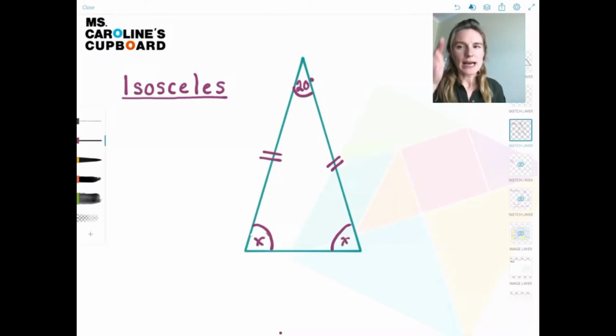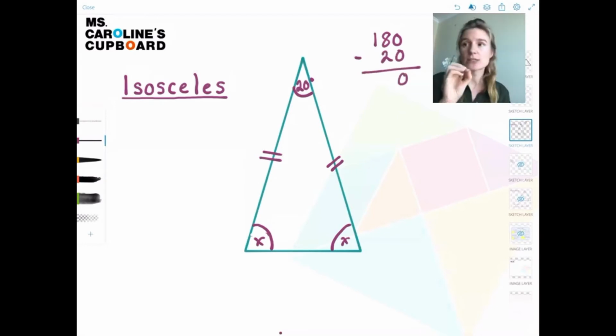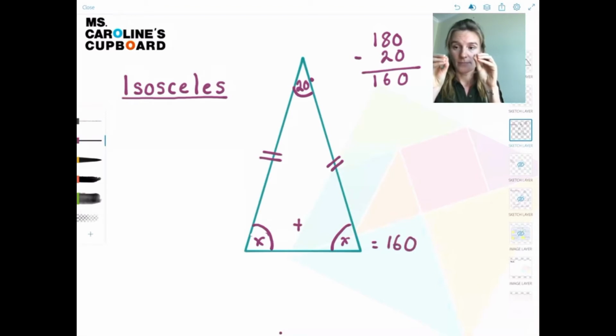What have they all got to add up to? 180. So how can I work this out? I'll start off with my 180 and I'll take away 20 because I know that that's what that top angle is. So I know I've got 160 left over and I've got to split that 160 between 2 angles that I know are the same as each other. So x plus x is 160. What can I do?